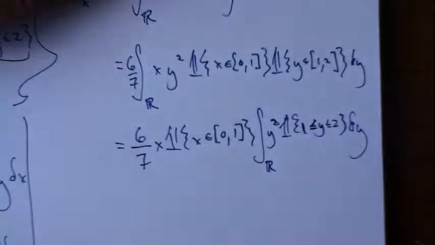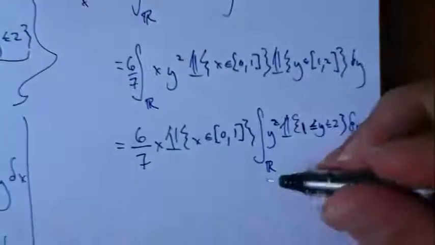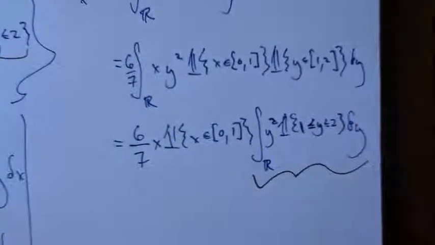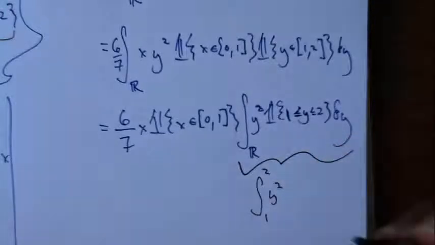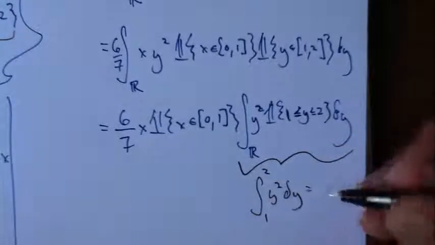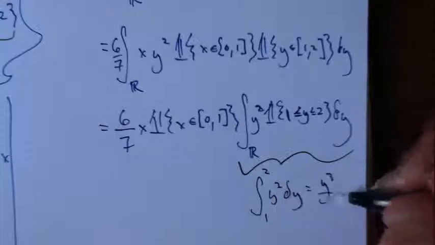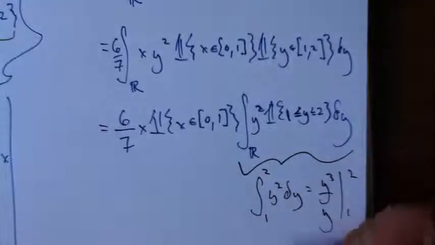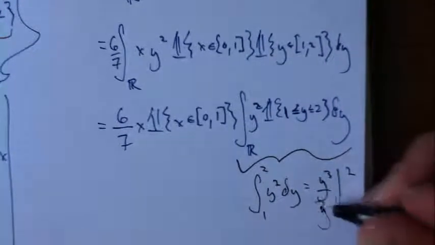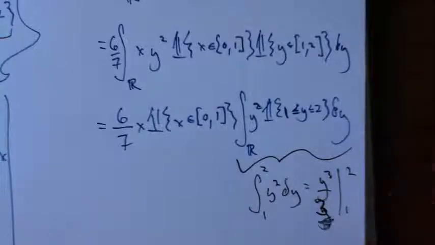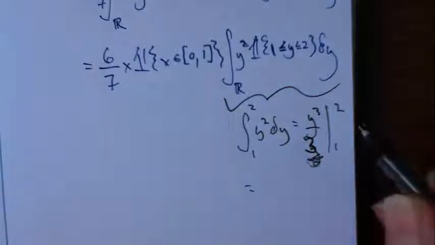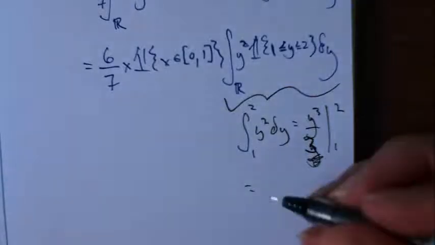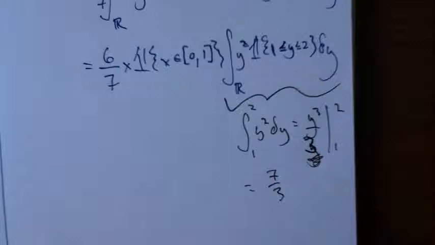Now, all of this is just the integral of y squared from 1 to 2 dy. So that's y cubed over 3 from 1 to 2. This is going to be 8/3 minus 1/3, which is 7/3. Right?